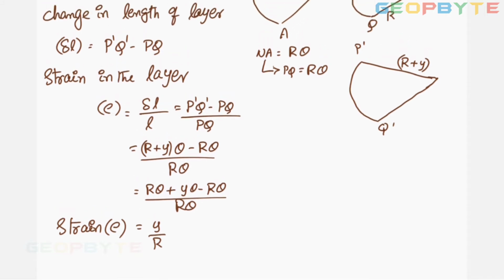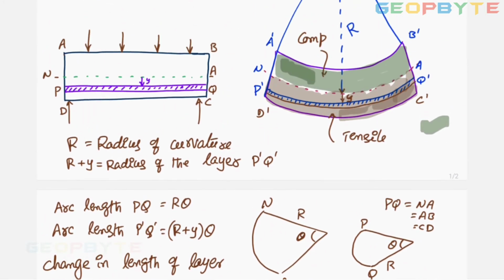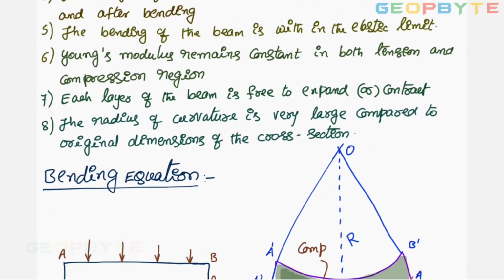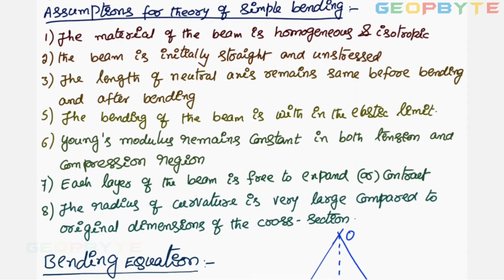And remember, for finding the bending equation we are just assuming that the beam is bending within the elastic limit. First, let us know the assumptions or conditions. Look at the first assumption. The material of the beam is homogeneous and isotropic. Homogeneous means throughout the length of the beam it must maintain uniform cross section.